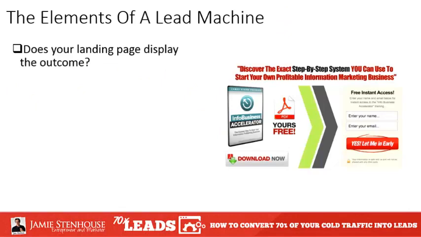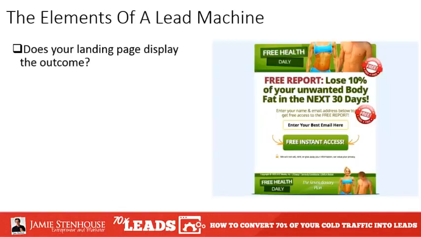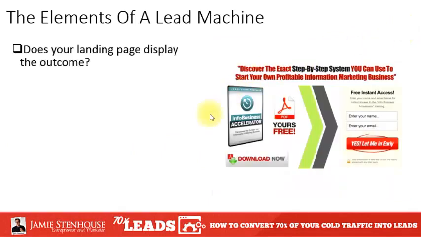It's showing them the outcome of what they get if they opt in below. Now, this can work great. This can work on 2 levels. As I said, it's either the outcome of what the prospect wants to achieve, healthy body, or it's the outcome of what happens after they click, what happens after they opt in. You get this thing here, okay?